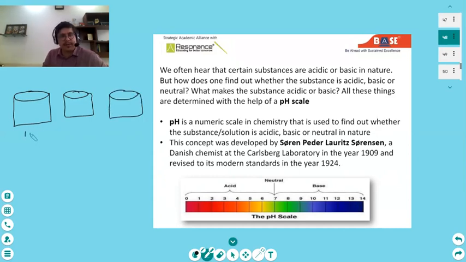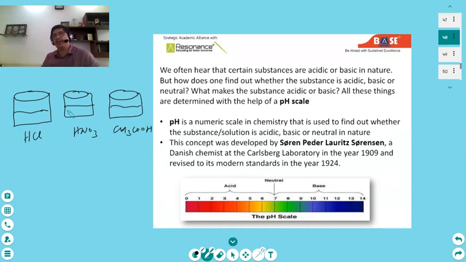And suppose in these I keep HCl, nitric acid, and acetic acid, which is in vinegar. And I ask you to find out, how will you find out?